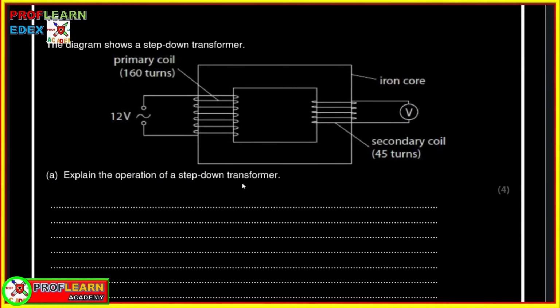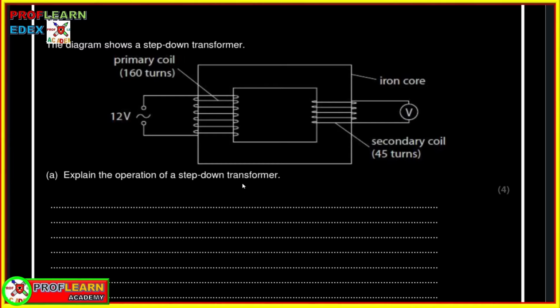Another way the question can be asked in transformers, we are supposed to explain the operation of a step down transformer or a step up transformer. Now in this case, you need to be very categorical that for a transformer to work, there must be alternating current, that is AC current, because AC current keeps on changing size and direction, so it creates magnetic fields which constantly change size and direction.